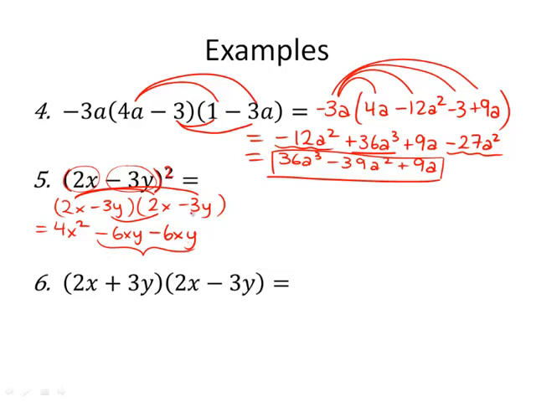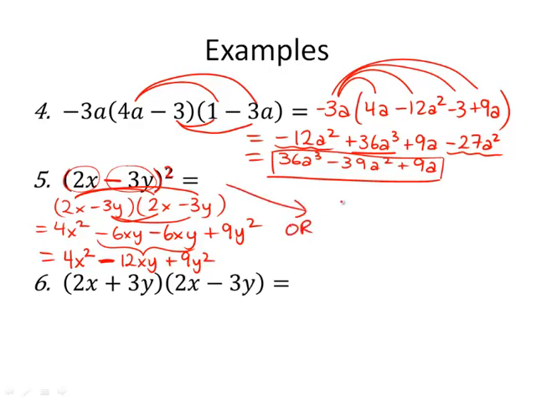And then your last term is always also squared because it's the same, so you'll have positive 9y squared. Essentially, that leaves you with the first term squared minus, in this case because it was a minus, double the first times the last, which was 12xy, and plus the last term squared.